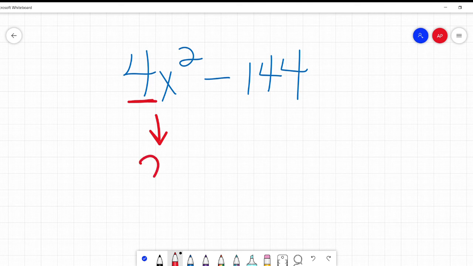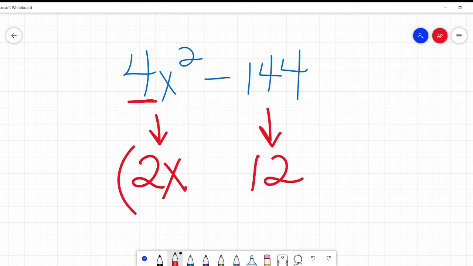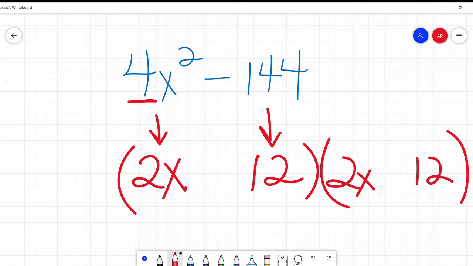Its square root is 2. Is x squared a perfect square? Yes, it is. It's x times x, so its square root is x. Now 144. Is it a perfect square? Yes, it is. It's 12 times 12. So now I have my two terms, 2x and 12. One's plus, one's minus. Done.